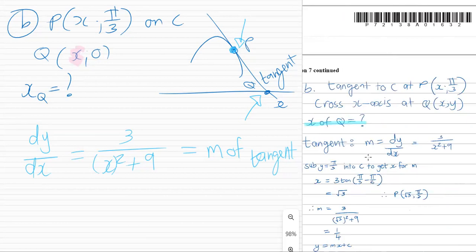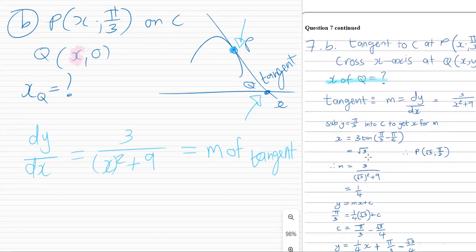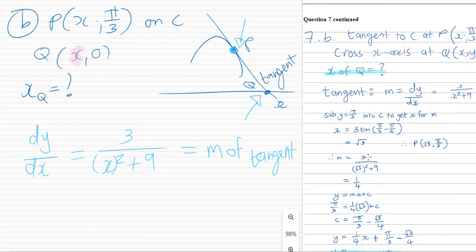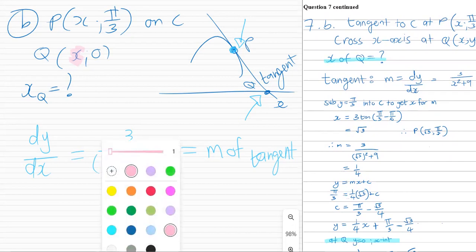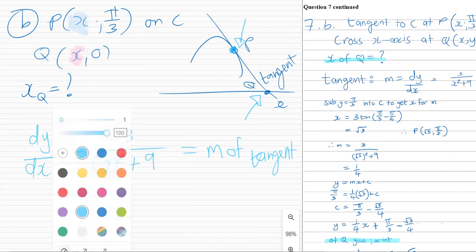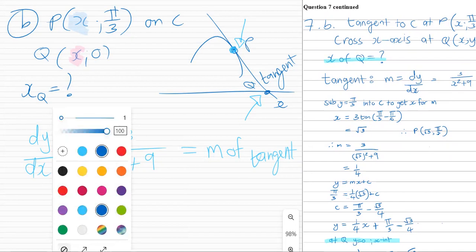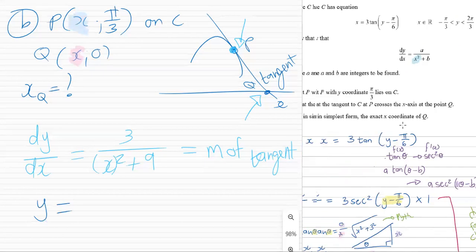I'll leave the answers up here for those who want to jump ahead. First thing I notice, obviously, is that we don't have the x value. Usually these questions would give you the x value. So first I need to grab that x value. How do we do that? Well, we take the curve C and sub in our y value.